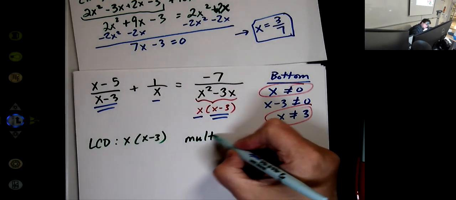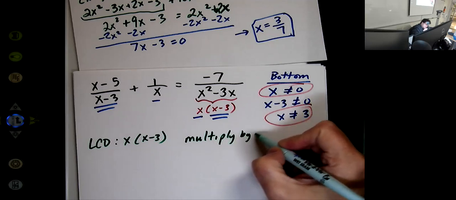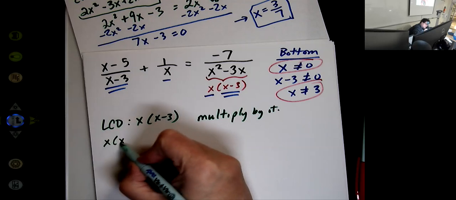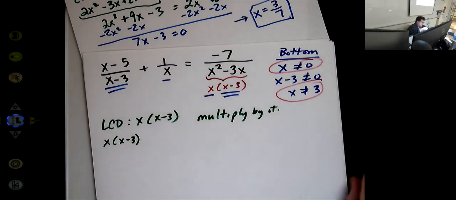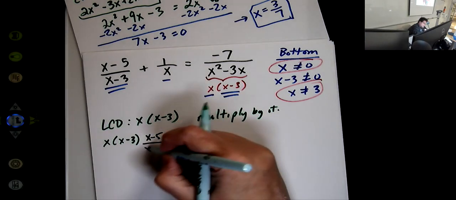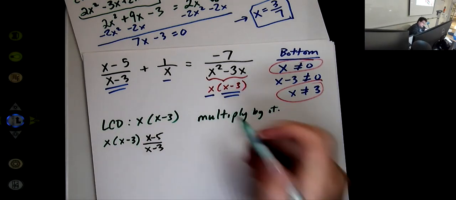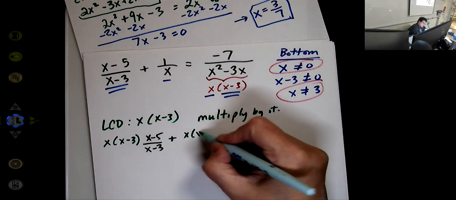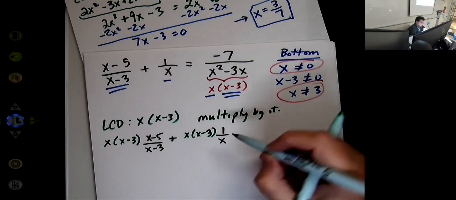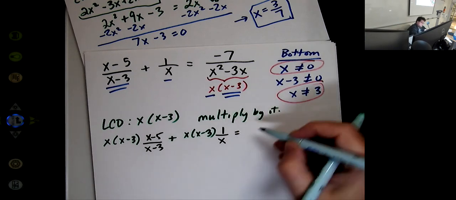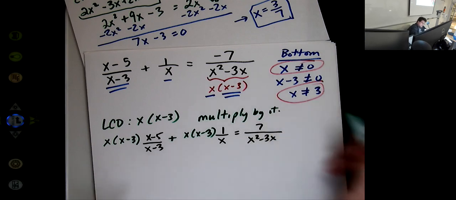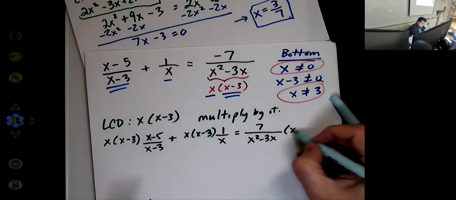So I'm going to have x times x minus 3 times the x minus 5 over x minus 3 plus x times x minus 3 times the 1 over x. And we'll finally do that on the right as well. X times x minus 3.